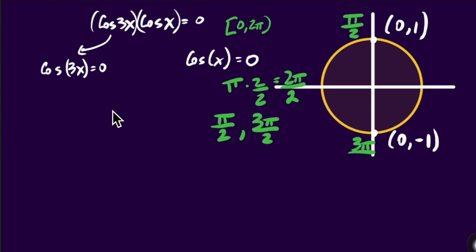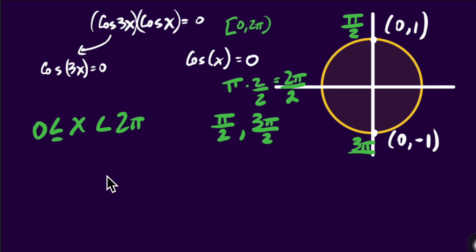Now, when we get to here, the argument is going to equal pi over 2 and 3 pi over 2. So let's look at this argument. Originally, we had the interval from 0 to 2 pi. That was for x. Okay, so let's put x in between 0 and 2 pi. And again, we're going to include 0 with that greater than or equal to, but we're going to have a less than with 2 pi.